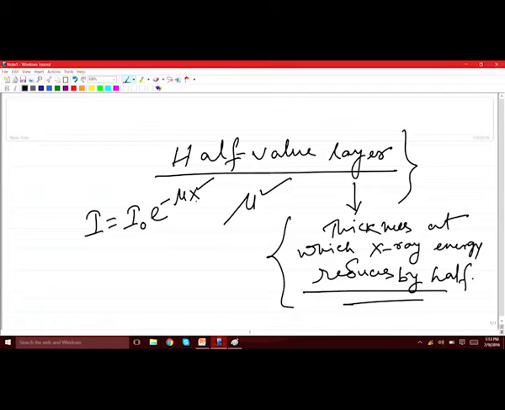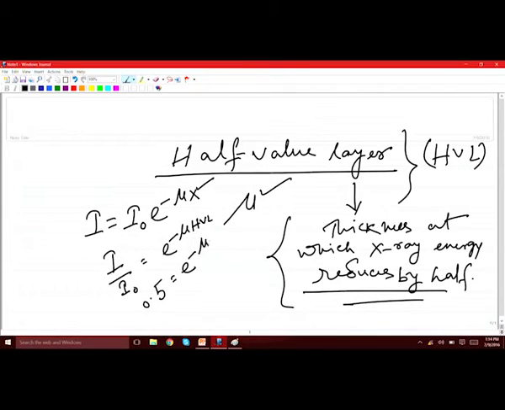So, this x is the half value layer in this case, which we will call HVL. So, for HVL the reduction in intensity is 50%. So, this I by I naught is 0.5 and this x is equal to HVL.